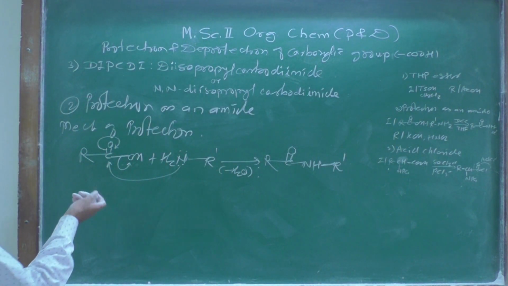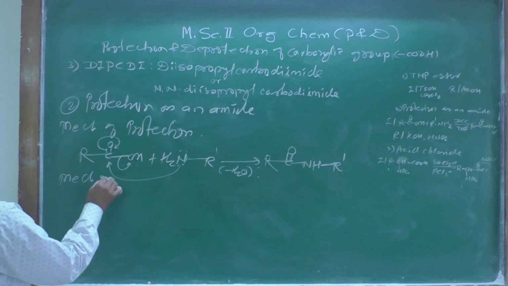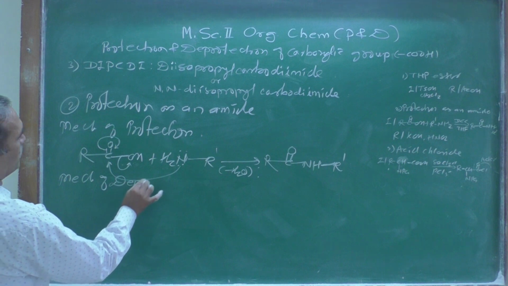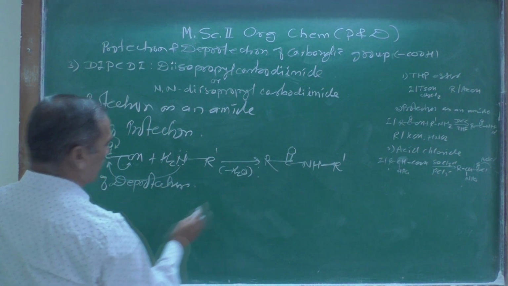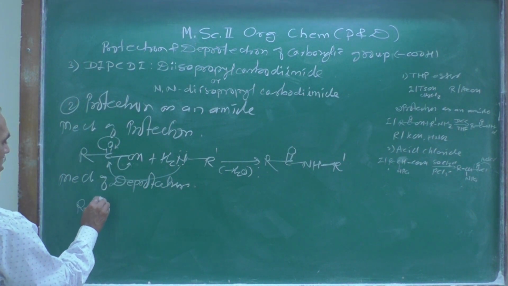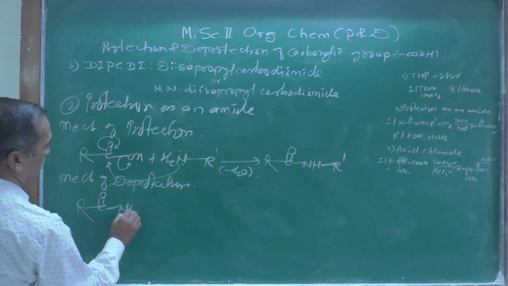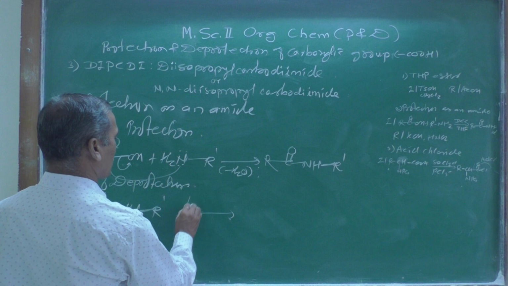Now let us look at the mechanism of deprotection. Let us take the starting material, the protected group R C double bond O, NH, R dash, which will be treated with KOH.